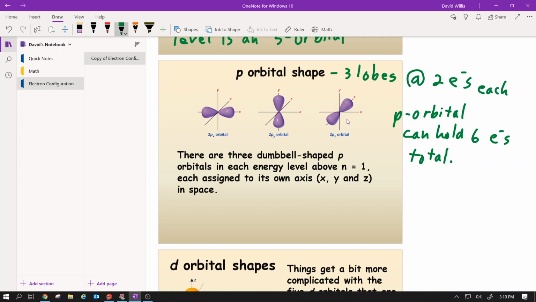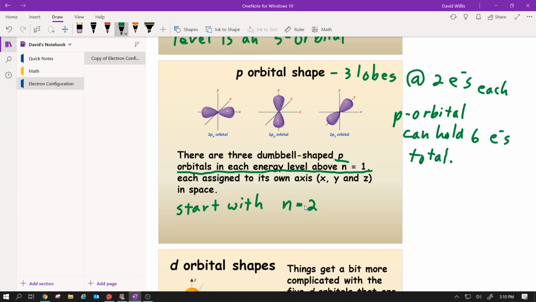Something else I want you to see is that p orbitals are in each energy level above n equals 1. So these start with the second principal energy level.